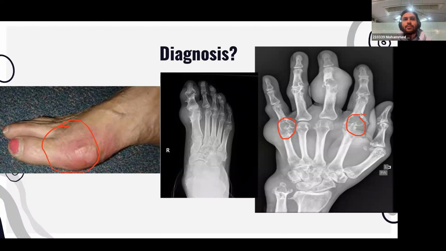Another, more common cause is hyperuricemia due to diet, for example, a lot of meat, alcohol, and so on and so forth. Management, you know the drugs you use: allopurinol, probenecid, pegloticase, and so on, colchicine.